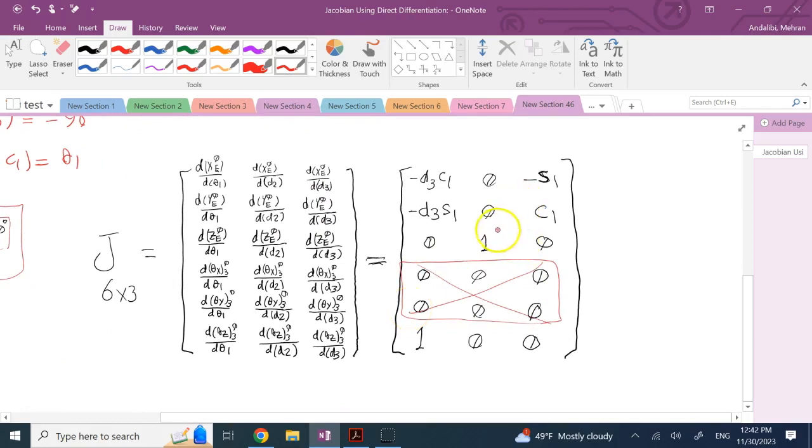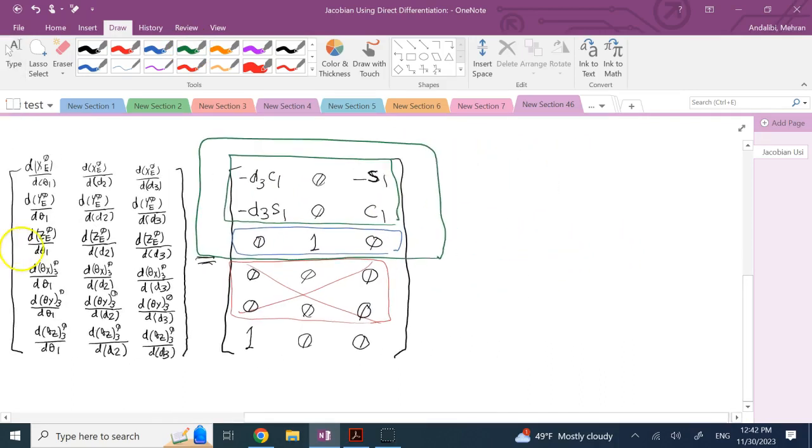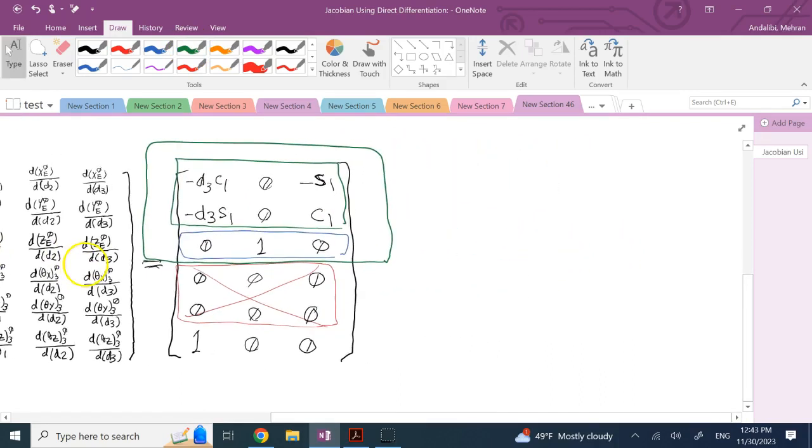And this row is absolutely one of them. It has to be there because I need it for d2 dot. And then between the first row, third row, and the last row, I only need to select 2 of the 3. And it's very common that we go for these 2. So then we only look at this top 3 by 3 portion of your Jacobian.